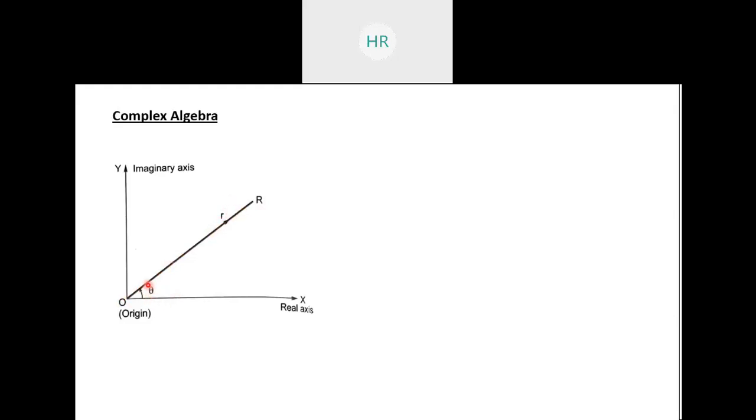And theta, this angle theta, is the orientation of this vector. Okay, this theta is with respect to the real axis. The x axis is coincident with the real axis and the y axis is the imaginary axis.